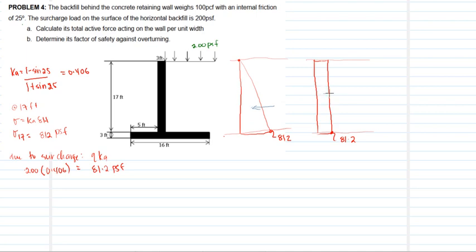Okay? So, masasolve na natin yung active force. You just have to add the forces due to our backfill, yung soil natin, say that is P1, and yung due to our surcharge, say that is P2. Okay? So, solve muna natin yung P1 and P2 natin. So, P1 is equal to 1/2 of 812 multiplied by the height, which is 17. This is equal to, wait.